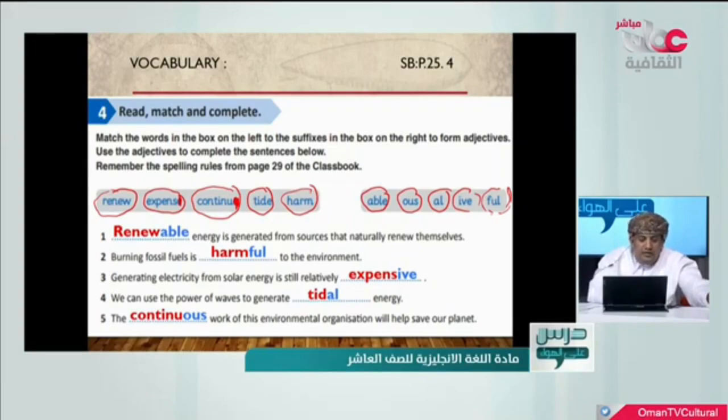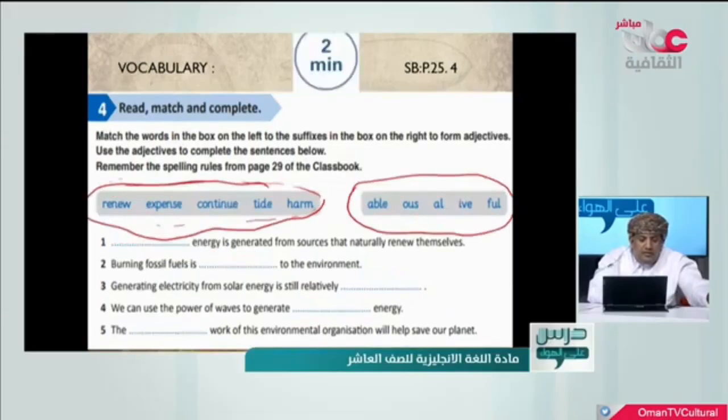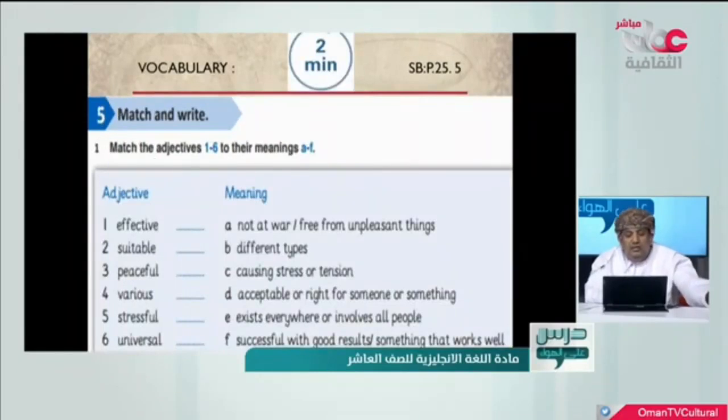Okay, now let's look for the final part of our lesson for today. It's on page 25, and we want you to read the adjectives on the left side and choose the correct meaning on the right side. Here we have effective, suitable, peaceful, various, stressful, and universal.